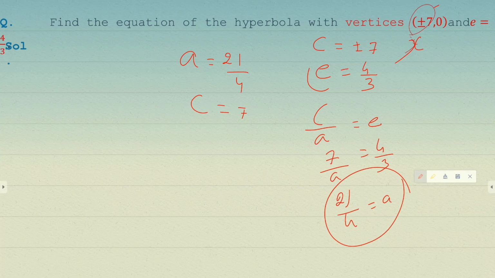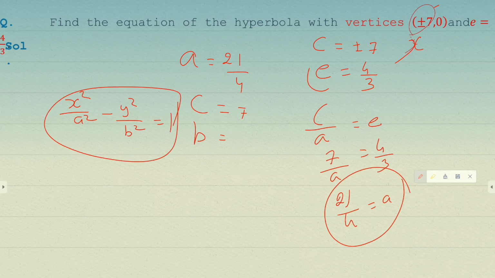I want the value of B. I can find the relation between A, B, C, so using that relation please find the value of B and substitute in x square by A square minus y square by B square equal to 1. You will get the equation of the hyperbola.